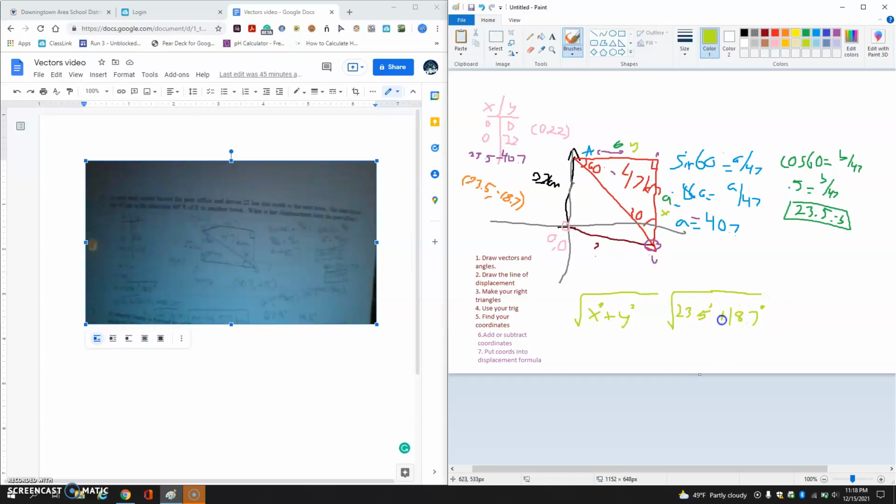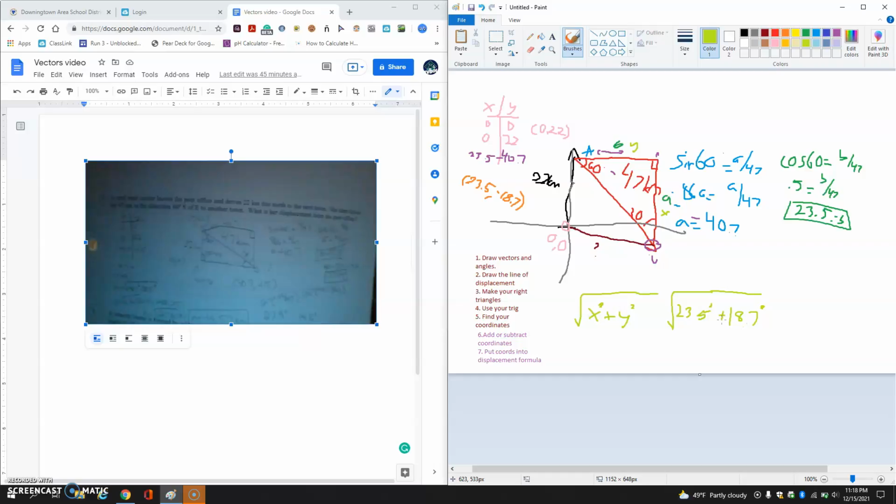So this is actually going to turn into a plus. Because if you think about it, negative 4 times negative 4 is 16, right? So it's the same as negative 18.7 times negative 18.7.